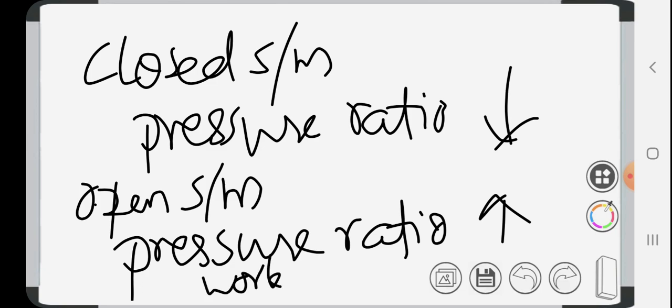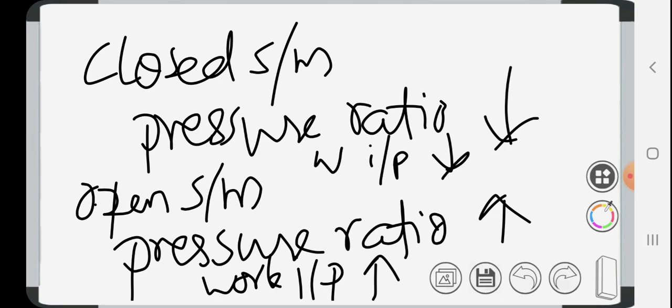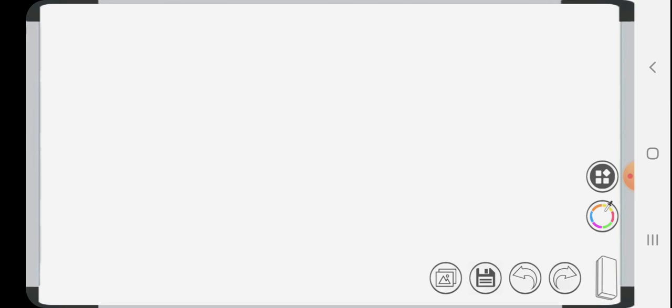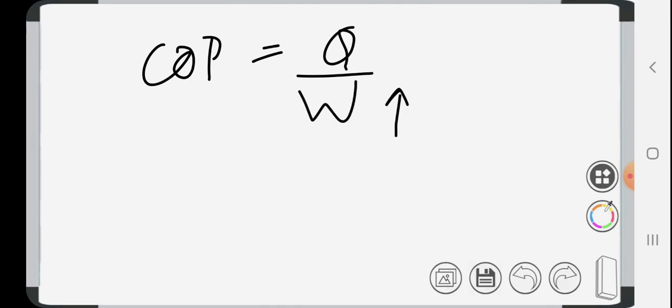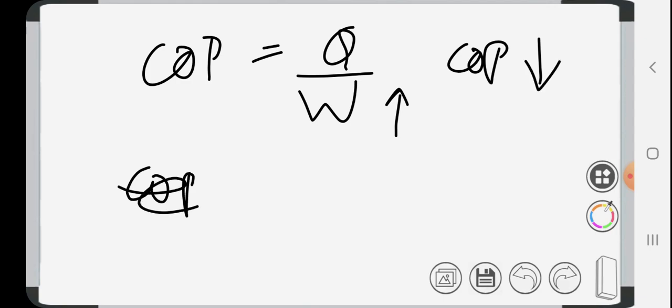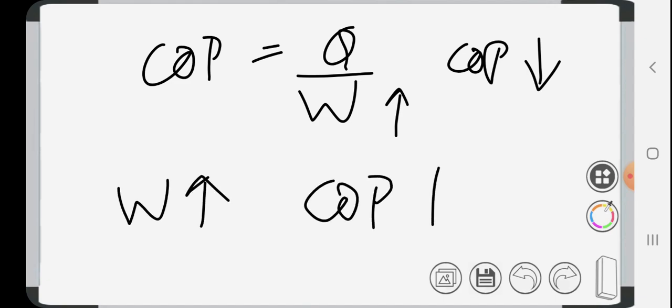Work input will be higher here; here work input will be lower. So how is work related to COP? COP is nothing but Q by W. W higher means COP lower, since they are inversely proportional.